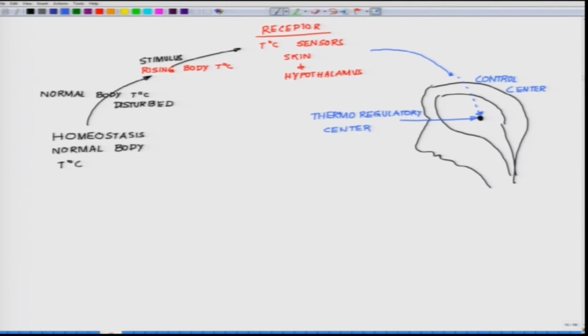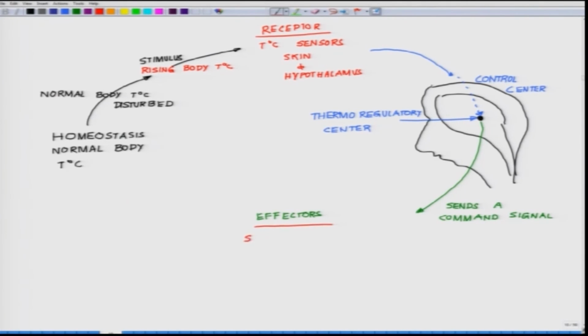Now, at the thermoregulatory center, the hypothalamus sends a command signal. This command signal reaches the effectors. I told you there will be a receptor, a control center, and the effectors. Let us enumerate the effectors involved.